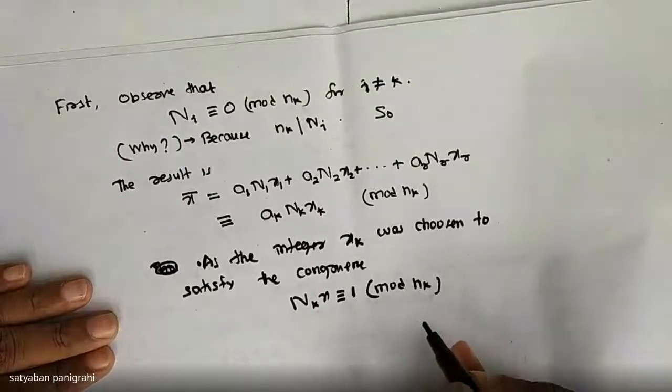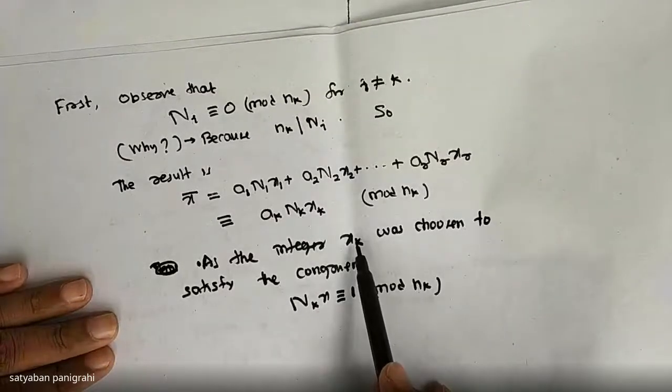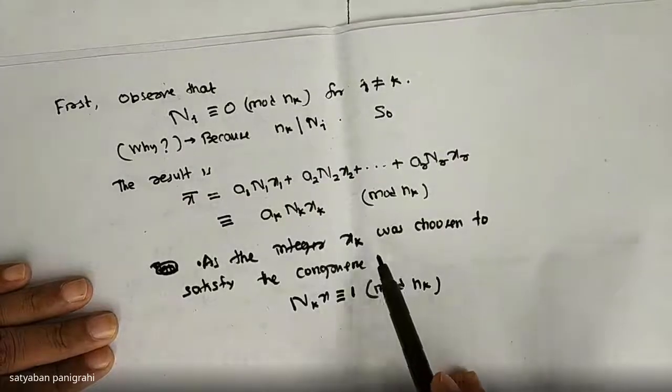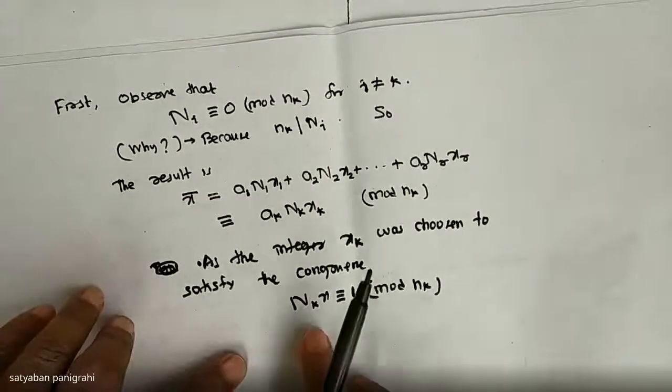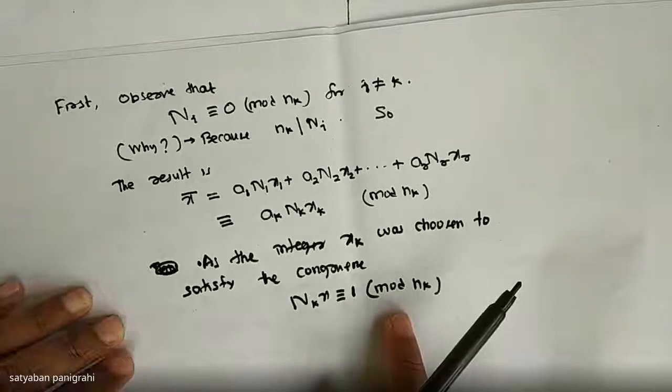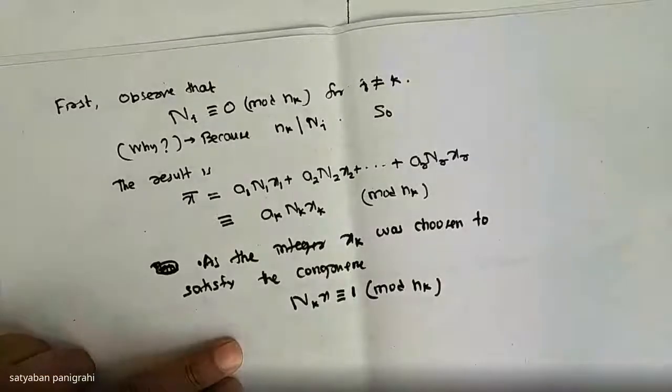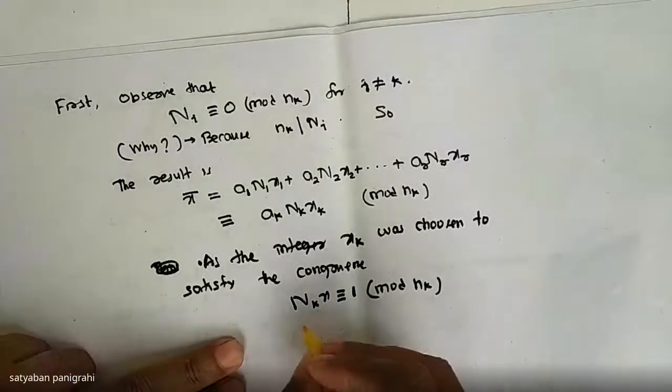We are choosing this xk such that it will satisfy this congruence. So we have nk·xk ≡ 1 mod Nk.